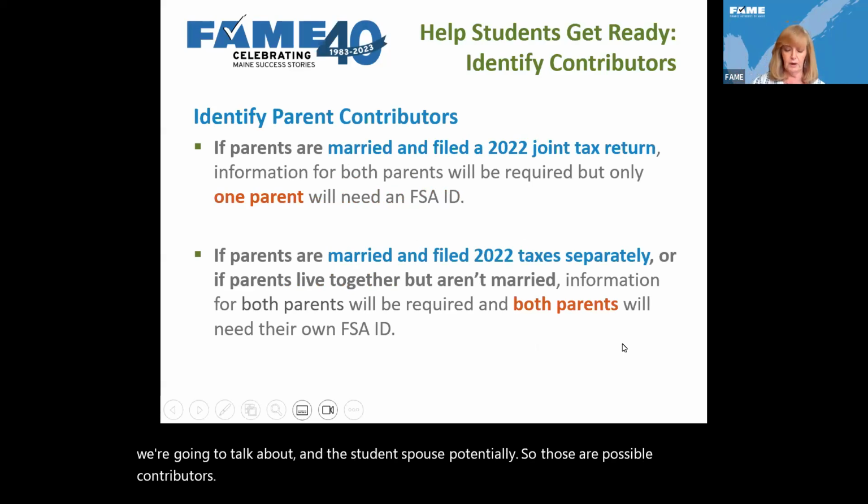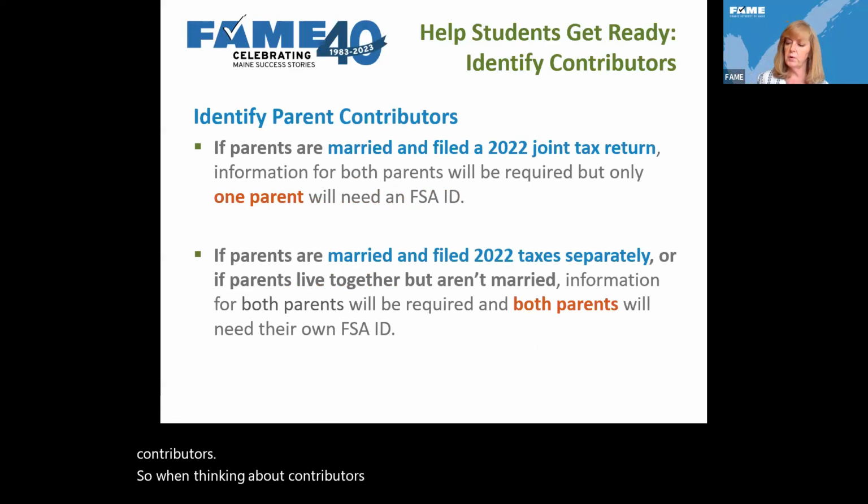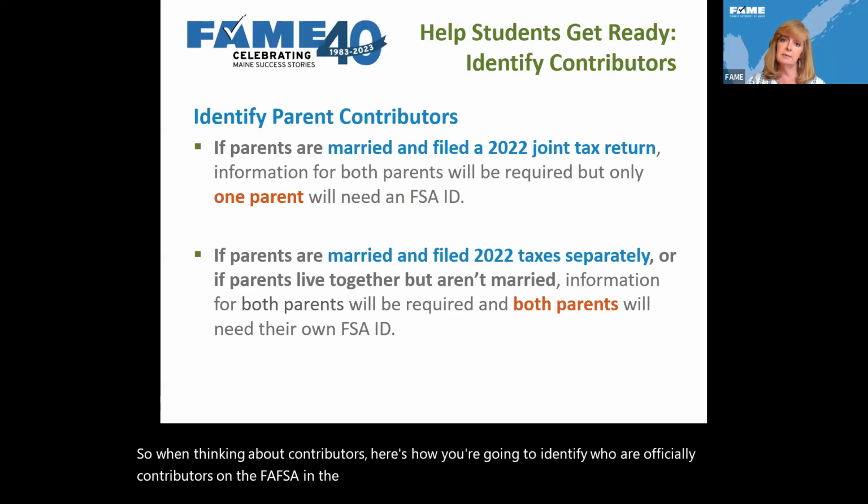So when thinking about contributors, here's how you're going to identify who are officially contributors on the FAFSA in the case where a student is a dependent student and needs to provide parent information on the FAFSA.